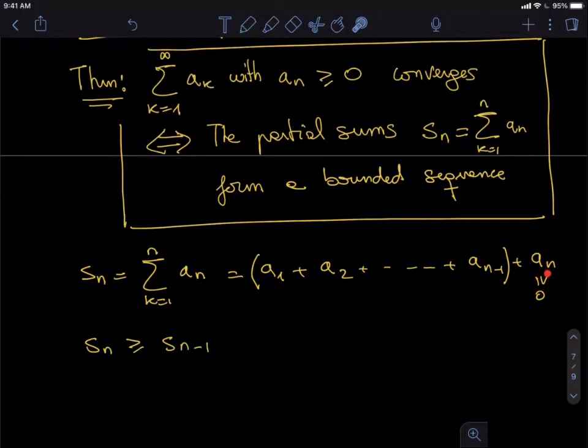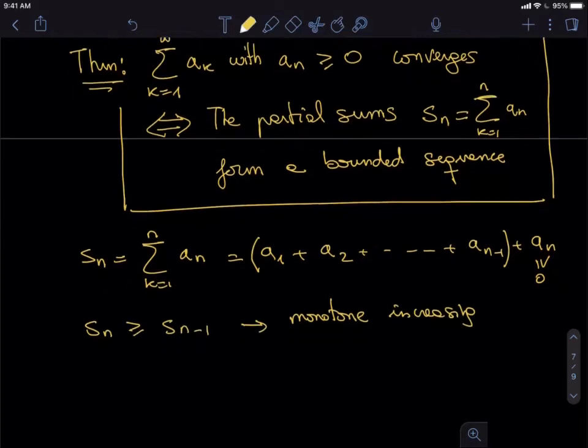If I take out the a_n, I'm going to get something that is less or equal than the original. So this is monotone increasing. But because we are saying that it's bounded, monotone plus bounded implies S_n as a sequence converges.